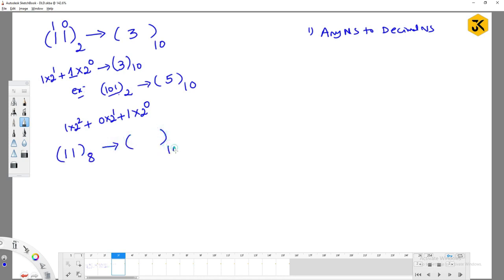Is the value the same or different in decimal? Different, because its internal logic is completely different. The process is the same: 1 into 8 power 0 plus 1 into 8 power 1, which gives 9 in decimal.